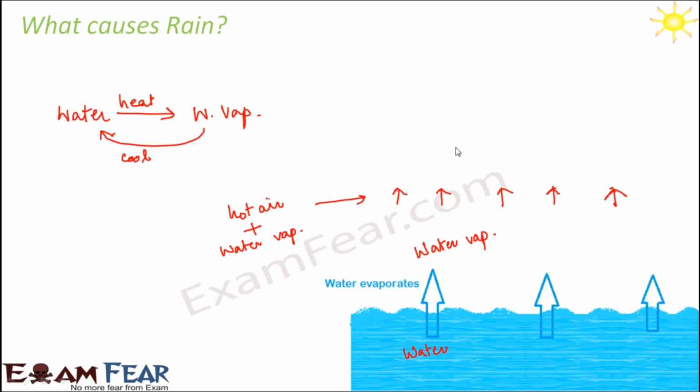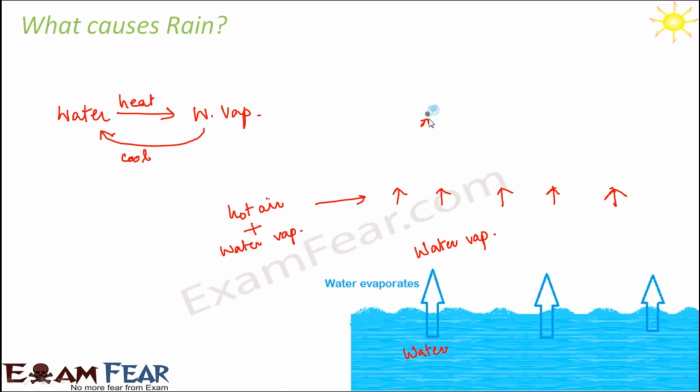Now, where do these liquid water droplets go? They start accumulating on dust particles which are present in the atmosphere. In the atmosphere you have a lot of dust particles. Let's assume here that this black thing represents a dust particle, and the blue thing is the liquid water droplets.